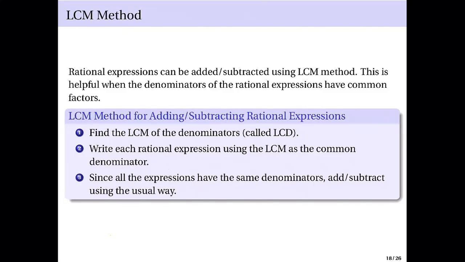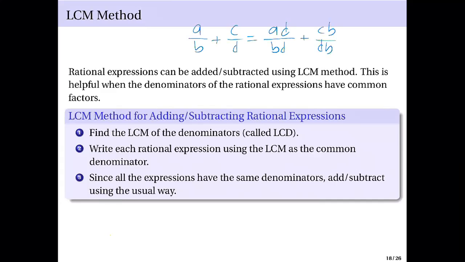And remember when I tried to do this, you have A over B plus or minus C over D. What we did here is to do AD over BD plus CB over DB.